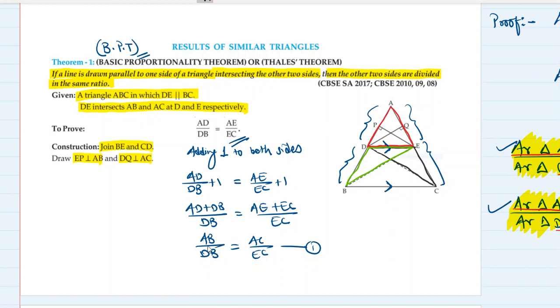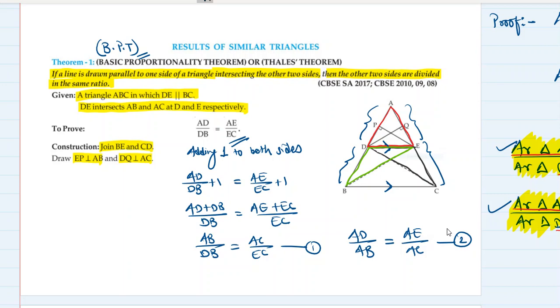Right? So the first result is AB upon DB is equal to AC upon EC. The second result is AD upon AB is equal to AE upon AC. That is the second result. There are few more results which you can prove with the help of some more operations on this final result.